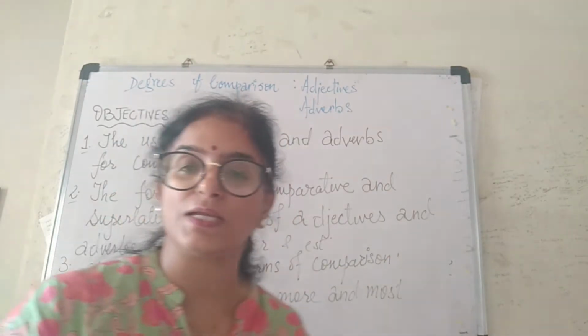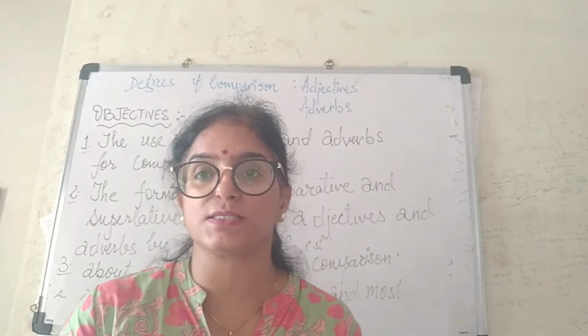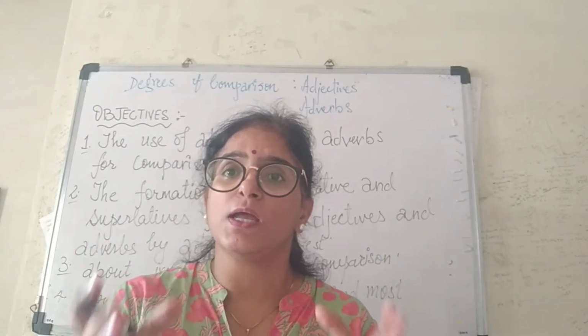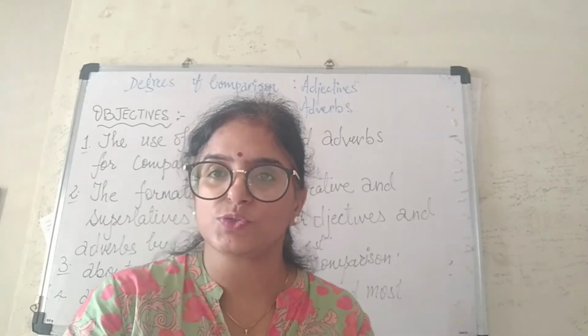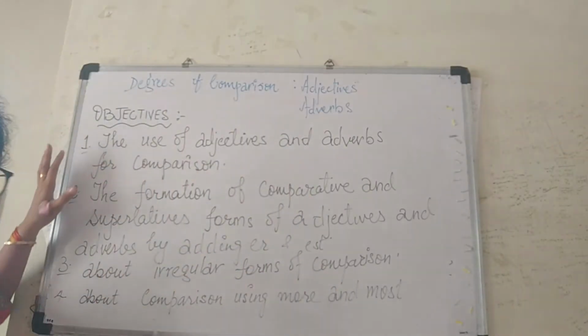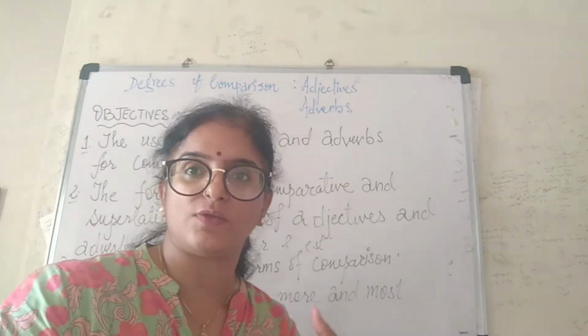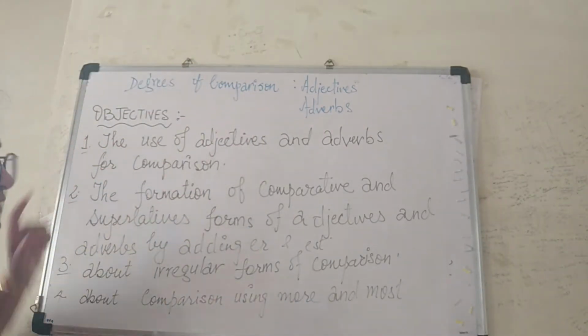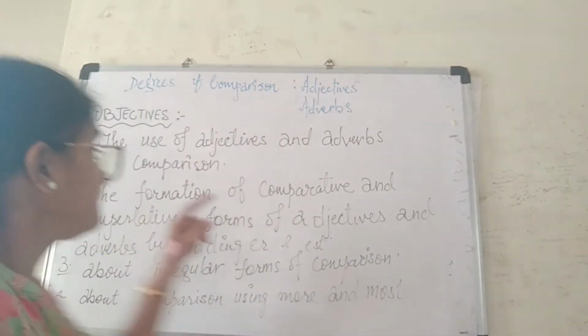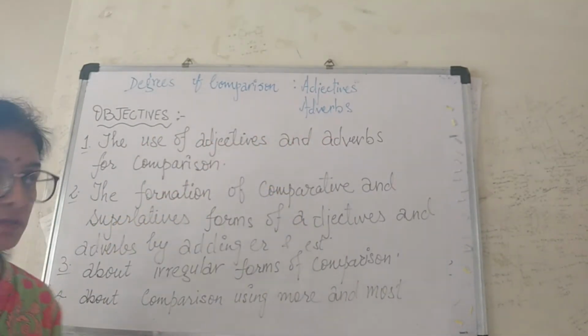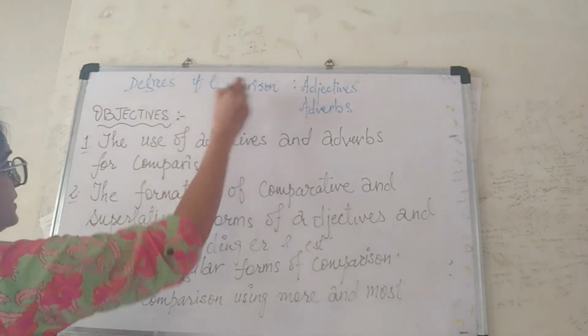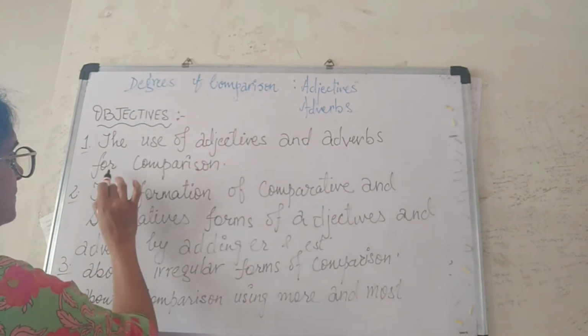Before going to understand the whole lesson and the exercises, you must be clear with the aims and agendas of the class. So this is all about the objectives. I repeat once again for all of you. The first objective that we are going to do today is the use of adjectives and adverbs for comparison.